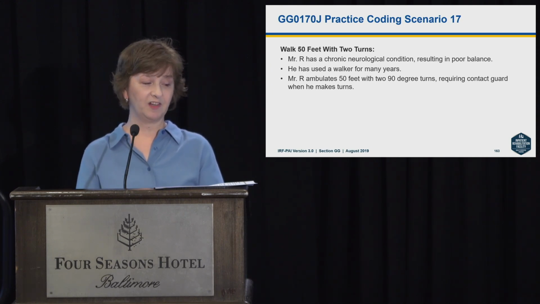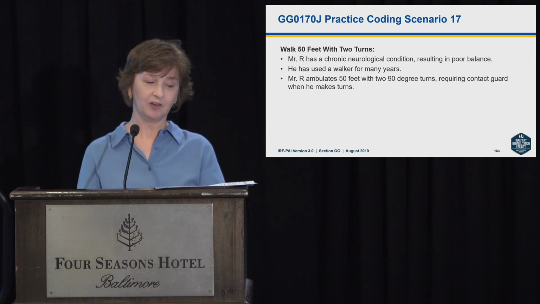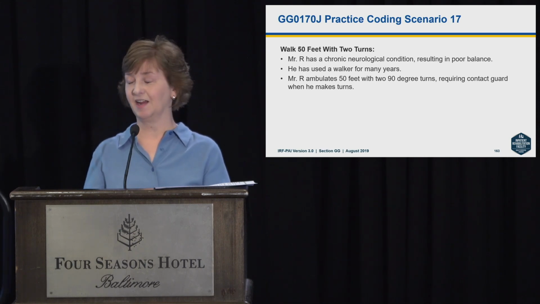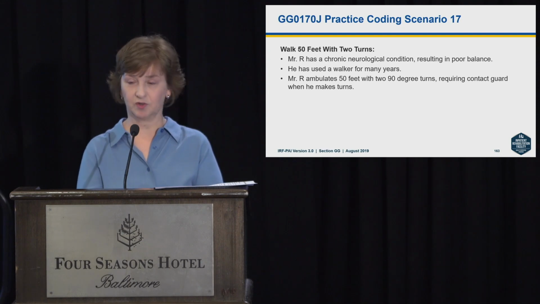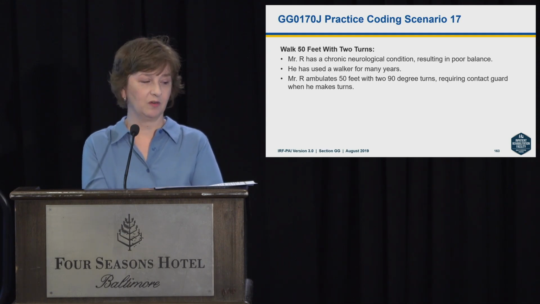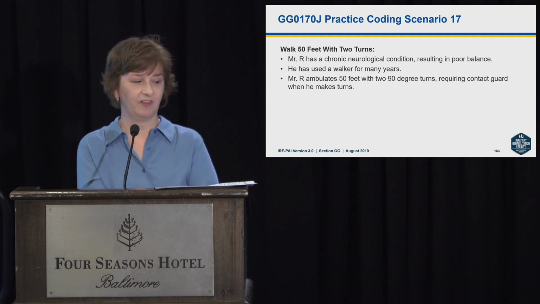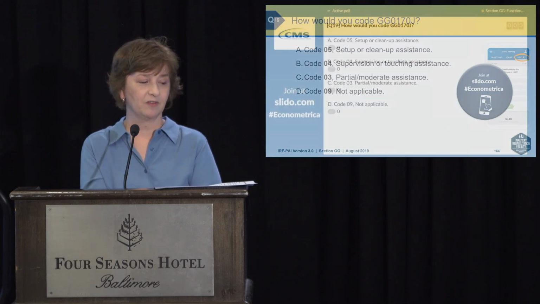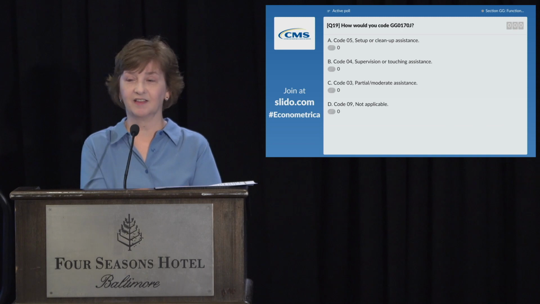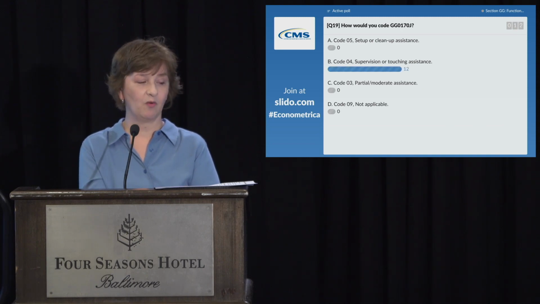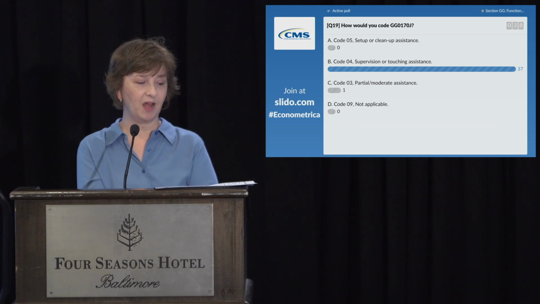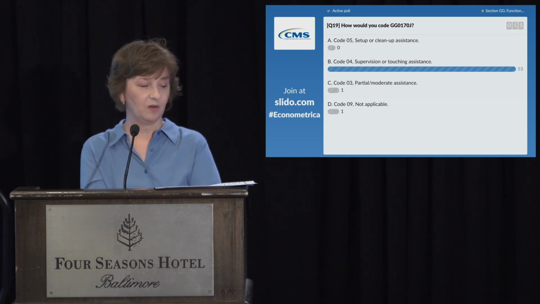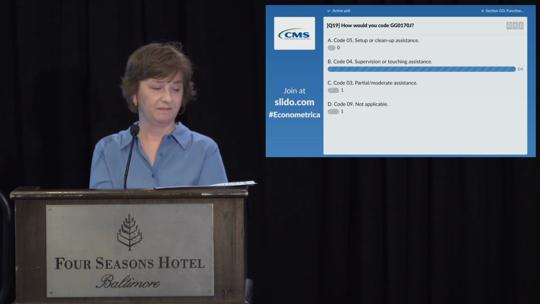He ambulates 50 feet with 2 90-degree turns, requiring contact guard when he makes 2 turns. How would you code Mr. R for 50 feet walking with 2 turns? The options are 05, setup or cleanup assistance, 04, supervision touching assistance, 03, partial moderate assistance, or 09, not applicable.